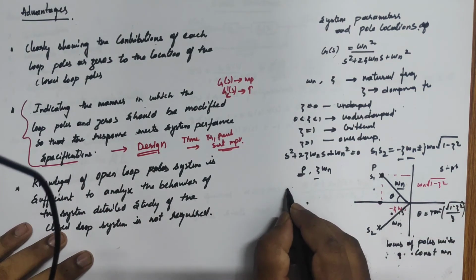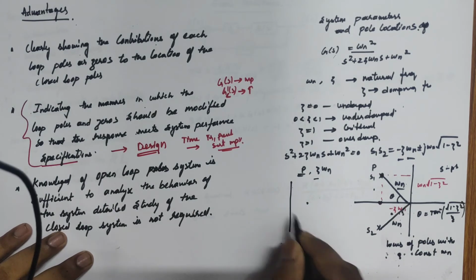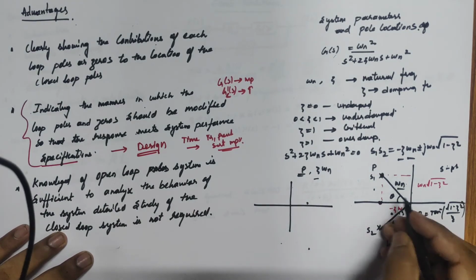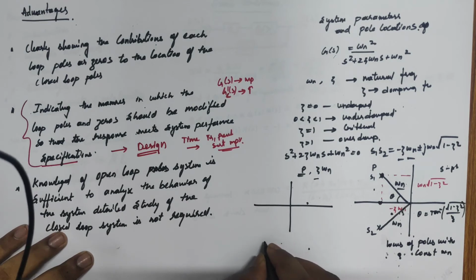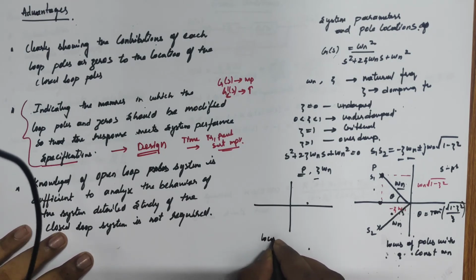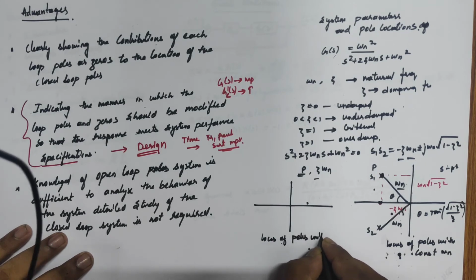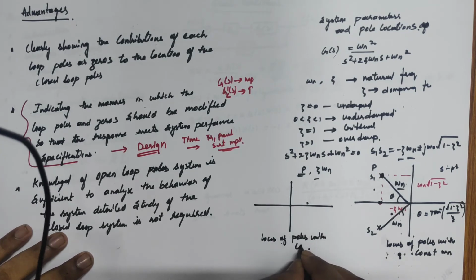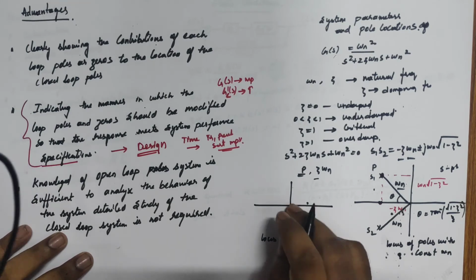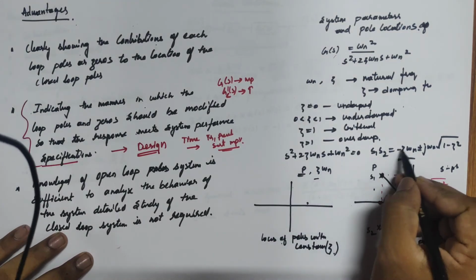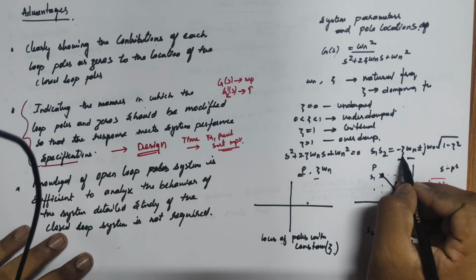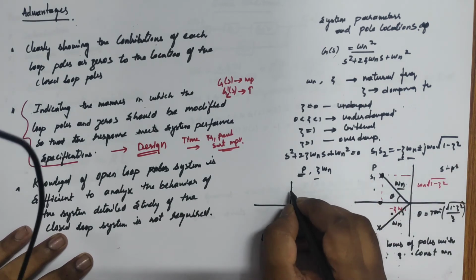Now I want to write the locus of poles with constant zeta. So how will we obtain it? For example, if zeta equals 0 in this condition, all my poles will be obtained on the imaginary axis.